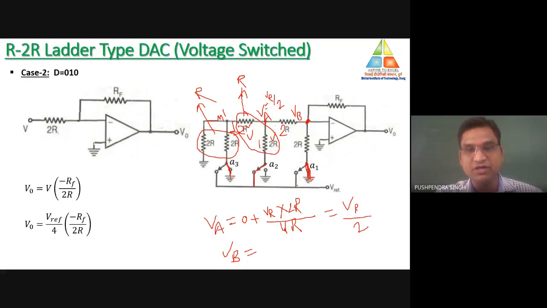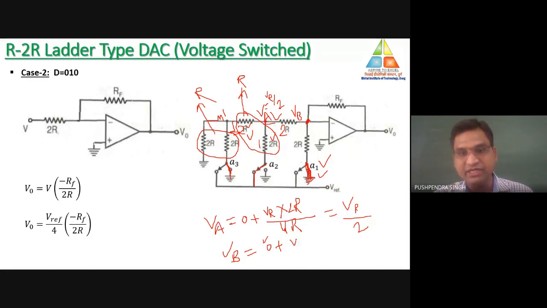Now we need to calculate the value of this VB. VB is equal to what? Due to this ground voltage source, the total effect will be 0. So there are two terminals across VB. The effect of the voltage on VB is first due to this terminal, second due to this terminal. Due to this terminal, the total effect is equal to 0. Now, with this node voltage, what is the effect on VB?